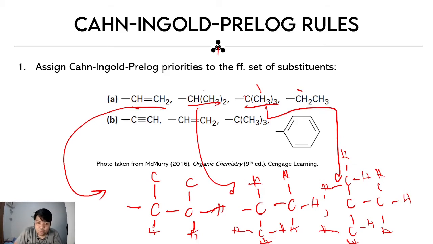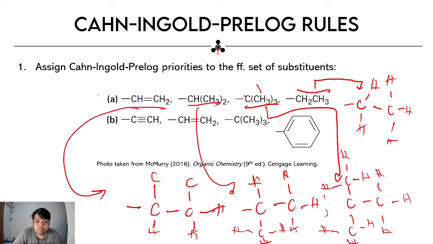Then we have this one here, which is simply a CH2CH3. Now, if you look at the first atom from the point of attachment, it will be carbon, carbon, carbon, carbon.